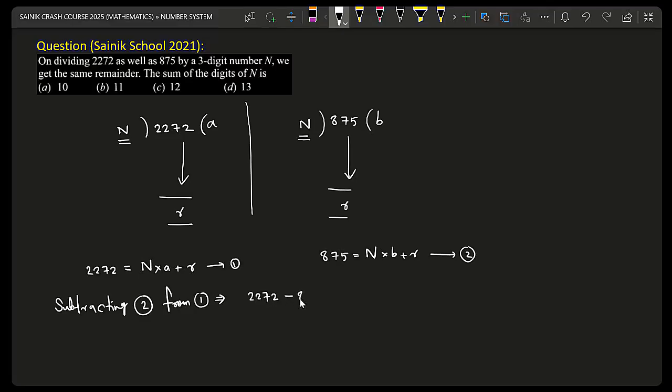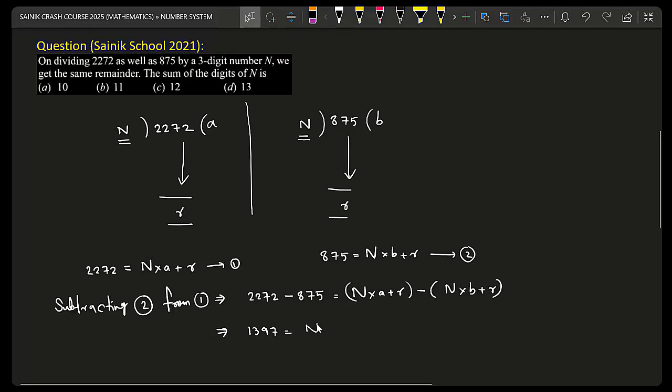So that will give you 2272 minus 875. First on the LHS I have subtracted, then on the RHS I am going to subtract n into a plus r, minus n into b plus r. 2272 minus 875 gives 1397. Now you can open the brackets.